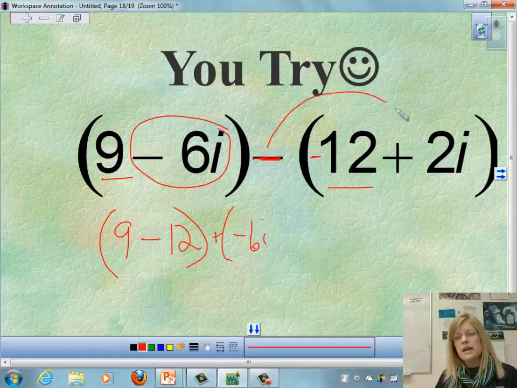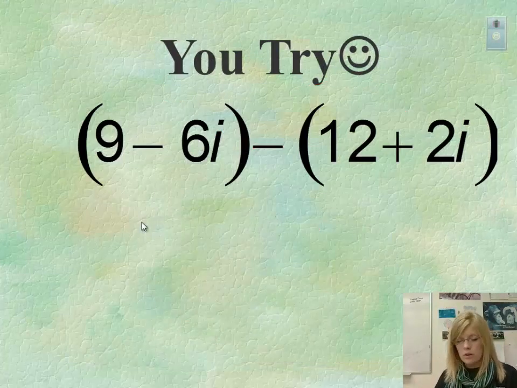And this negative carries out to this 2i over here, so hopefully you put minus 2i. And now what's 9 minus 12? Did you say negative 3? And did you say negative 6i minus 2i? Did you say it was a negative 8i?